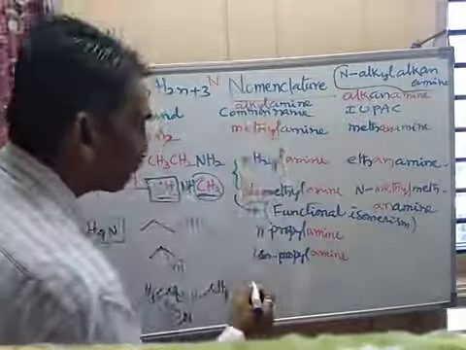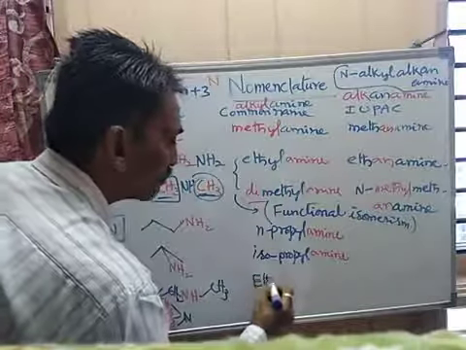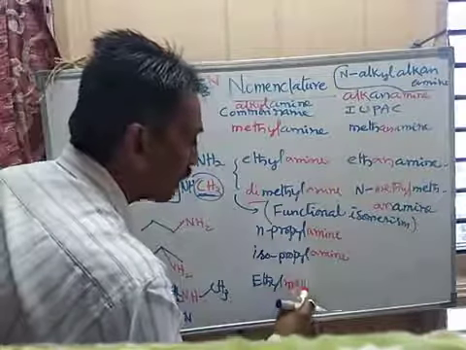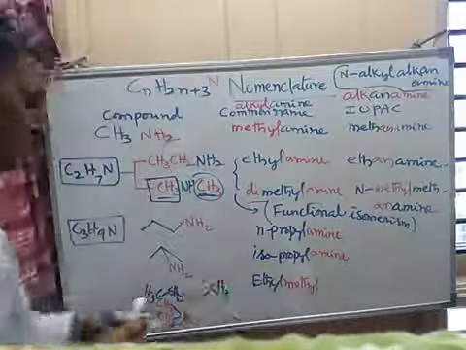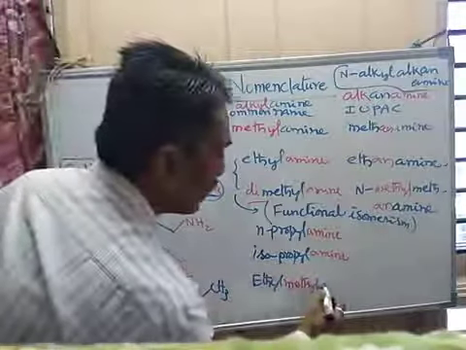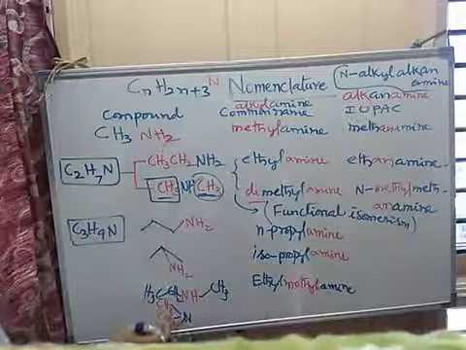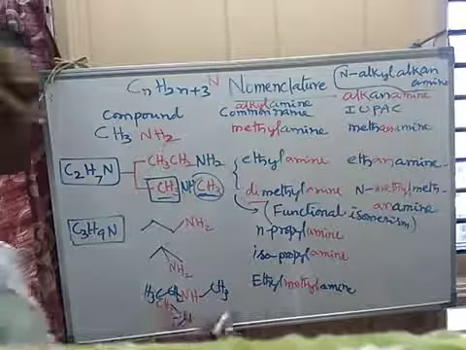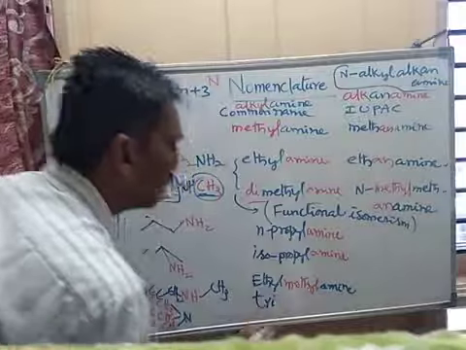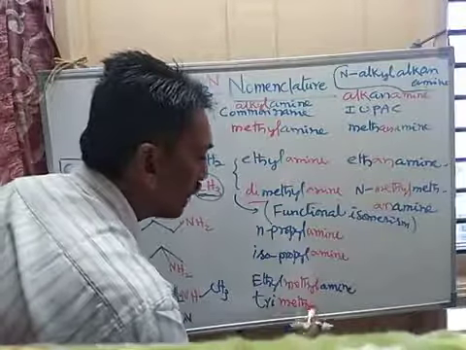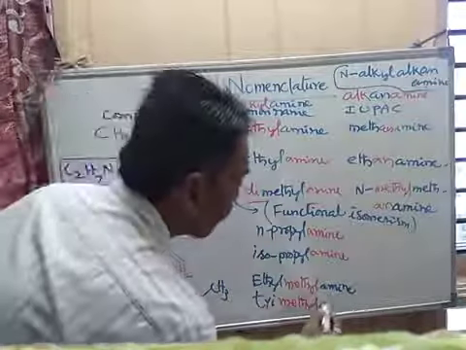Therefore, ethyl first, methyl next: ethylmethylamine, and the suffix is amine. Now come to this: how many CH3 groups are present on the N atom? Three. So it is given by tri, and the common substituent is methyl and the suffix is amine: trimethylamine.